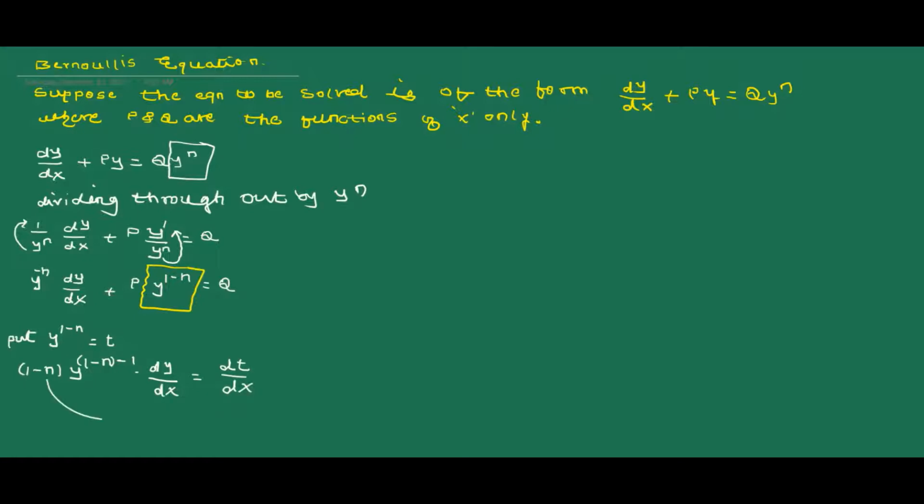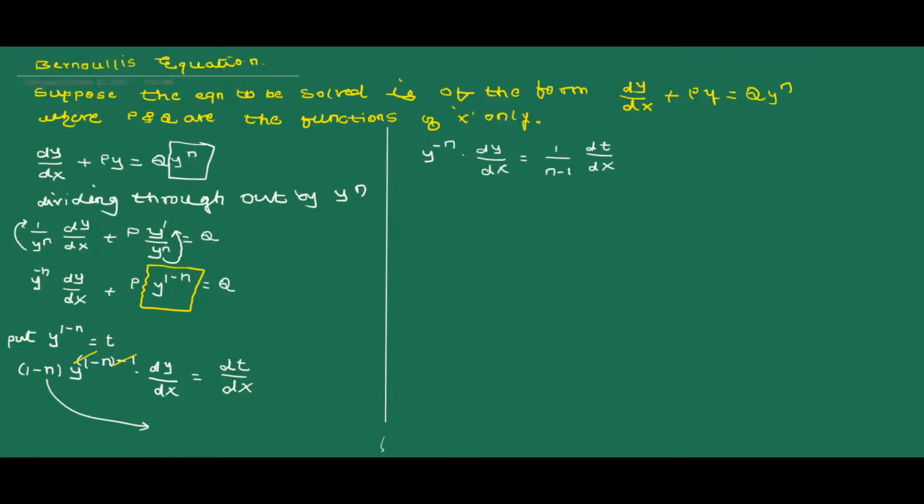Then transpose this 1 minus n to the right hand side. Then what you will get? Here y raised to minus n only, because this plus 1 and this minus 1 get cancels. We are left with only y raised to minus n into dy by dx is equal to 1 divided by n minus 1 into dt divided by dx.